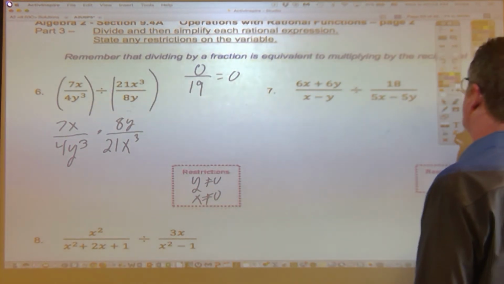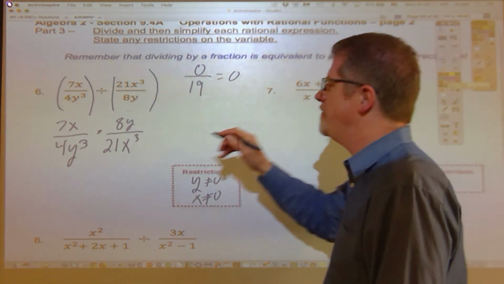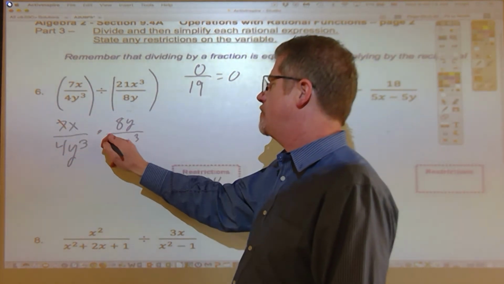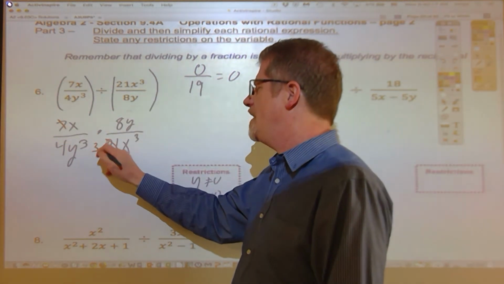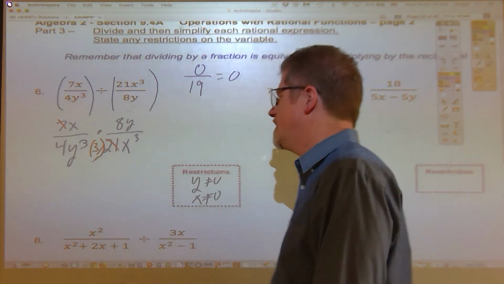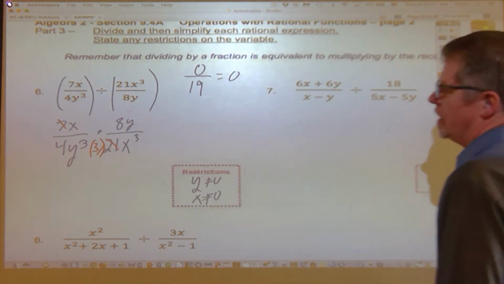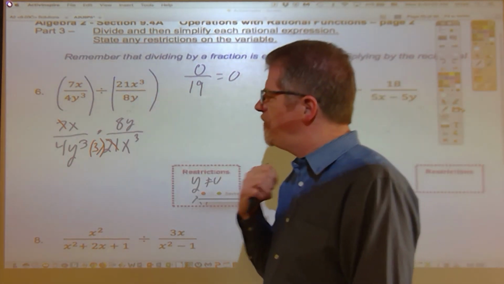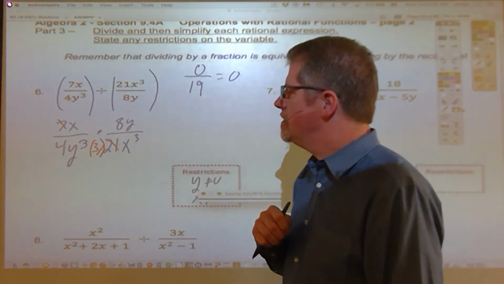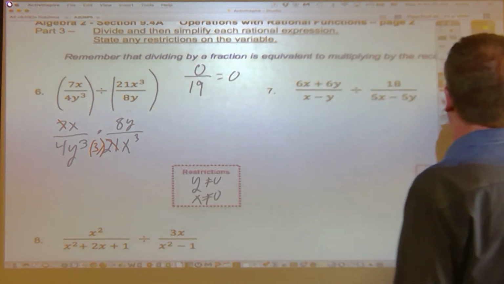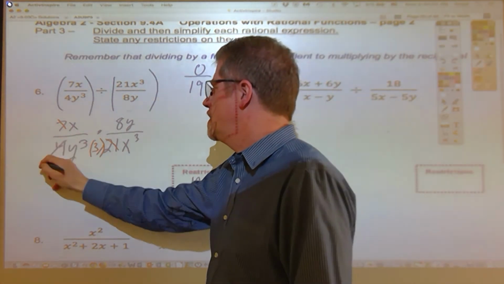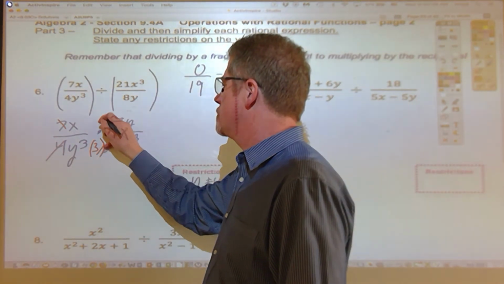Or simplify and multiply, because it's just painful for me to look at this and not cancel the 7 with the 21. Come on, I don't want to deal with big numbers unnecessarily. Cancel the 7 with the 21. Furthermore, cancel the 4 and the 8, yielding a much more manageable number 2.